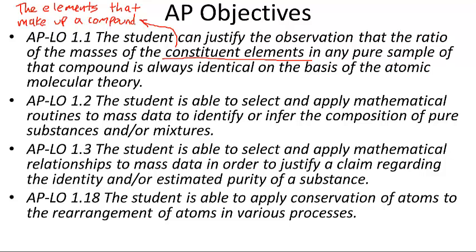So it kind of relates to 1.2 in that regard. And then estimated purity, I think that is matching up your expectations with what actually happens, and then making a claim regarding whether something's pure or not. Questions about 1.3?